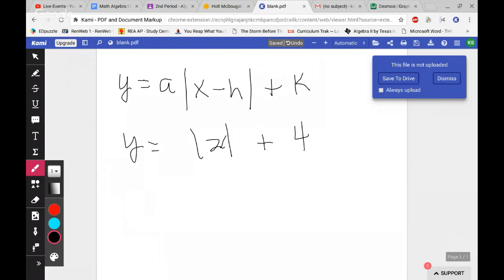I need to fix that. Okay, this one doesn't move the H at all. So this one is going to look like this. It's just going to go up 4. 1, 2, 3, 4. So the absolute value graph looks like this, and it's not going to move the H at all.